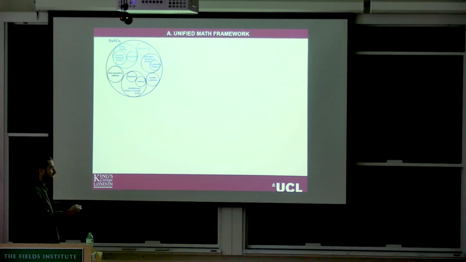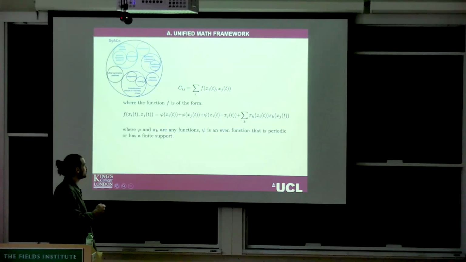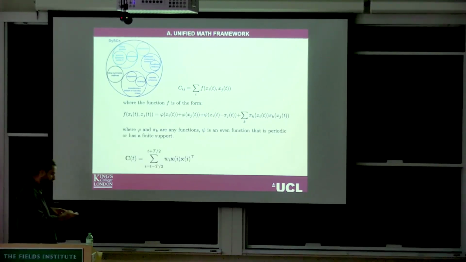I'm happy to discuss more the maths. There's not going to be time now for the maths, but the idea is that all these matrices, and even more, a general class of matrices that have this form where this F function can be a lot of well-behaving functions, you can always find a linear or non-linear mapping such that you can always write them in this form.